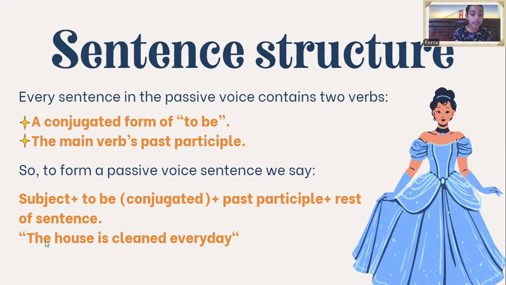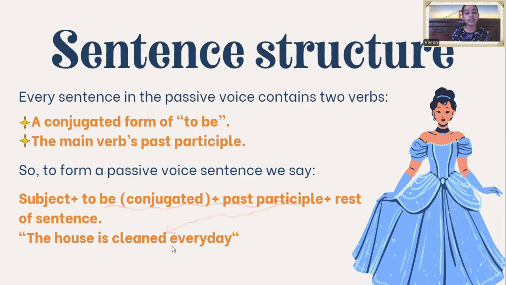So for example, here the house is the subject. And is cleaned: here is is the conjugated to be and cleaned is the past participle.